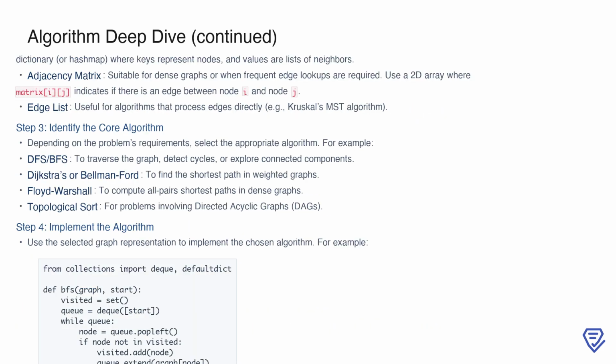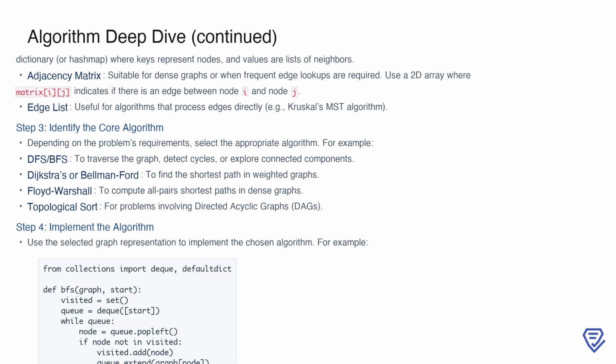Once you've understood the problem structure, the next step is choosing the right graph representation. This choice depends on the graph size and the operations required. For example, an adjacency list is efficient for sparse graphs because it minimizes memory usage by storing only the edges that exist. This can be implemented as a dictionary, where each node maps to a list of its neighbors.